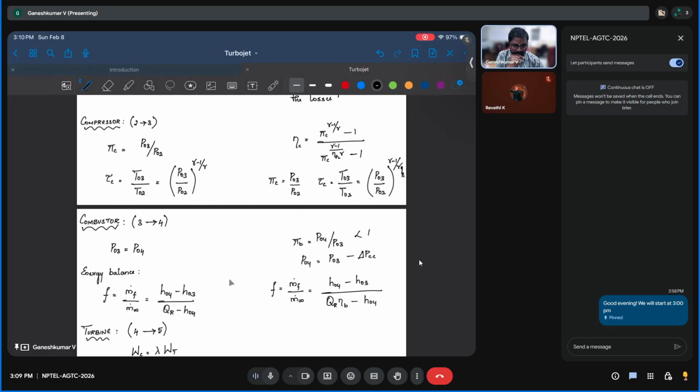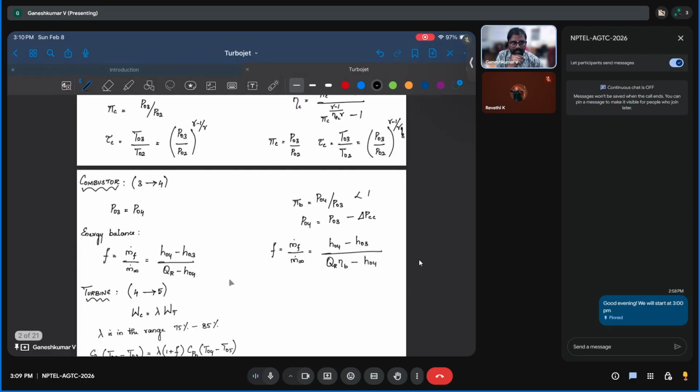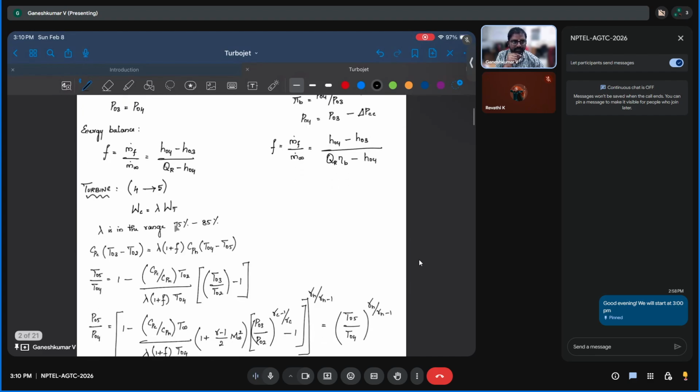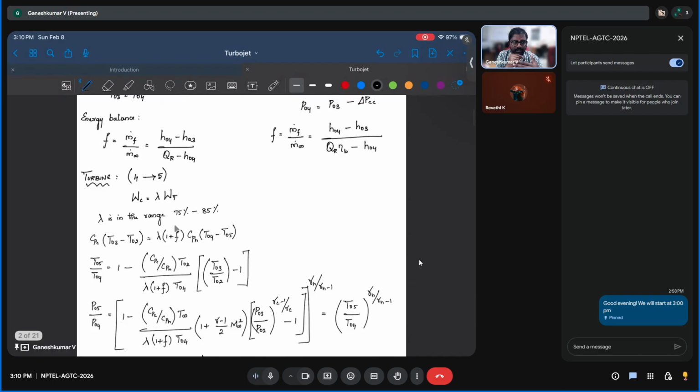Basically, mass and energy balance is what we are going to do. This energy balance would give you f. Then in the turbine we just match the work required by the compressor to the work extracted by the turbine.